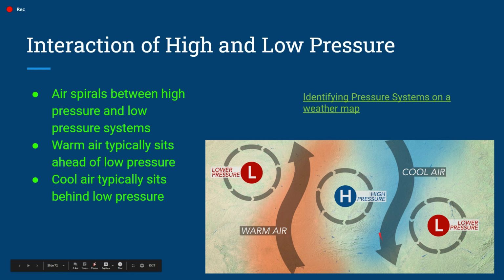But on the flip side, if you go to the back side of high pressure and the front side of lower pressure, notice how both arrows in the circulating motion of these pressure systems are pointing up on these sides. That allows warm air from the south to be pulled up to the north.